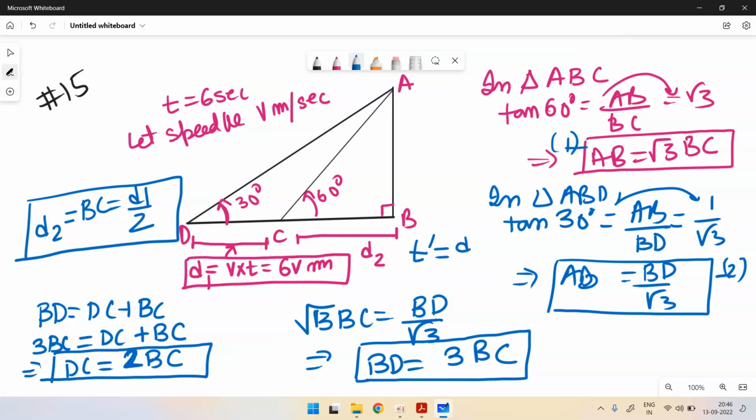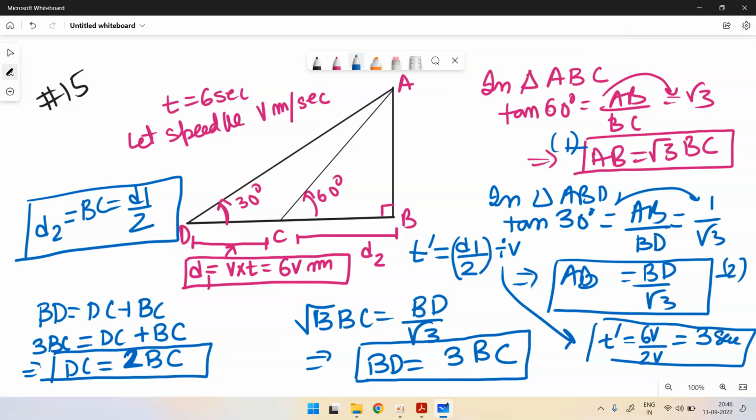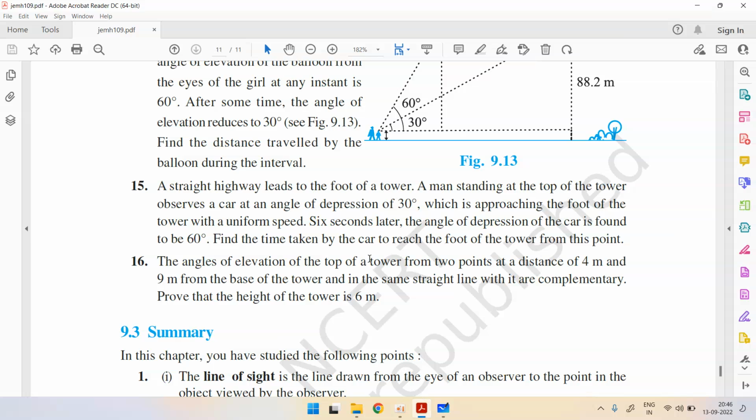Distance is going to be D1 by 2, upon speed, and speed is V. From here we get T dash equals D1 by 2V, which is 6V by 2V, nothing but 3 seconds. T dash is 3 seconds. To reach from C to B, it will take 6 seconds for the car.